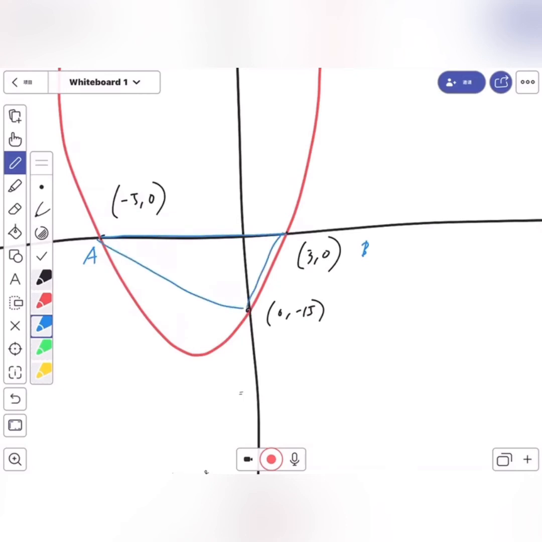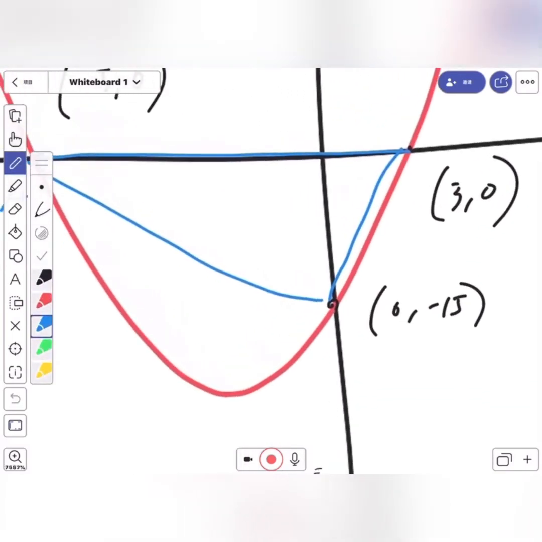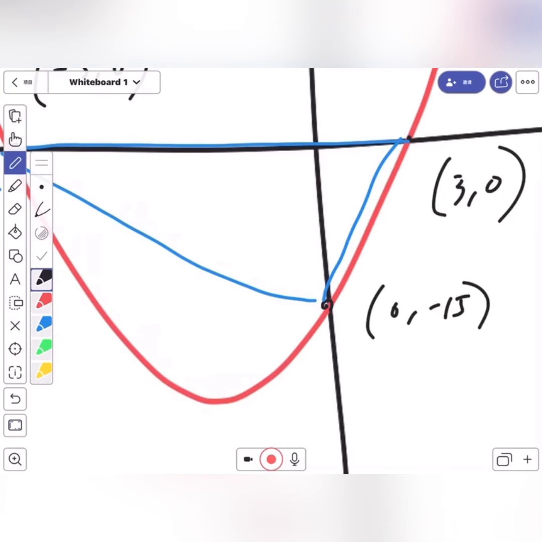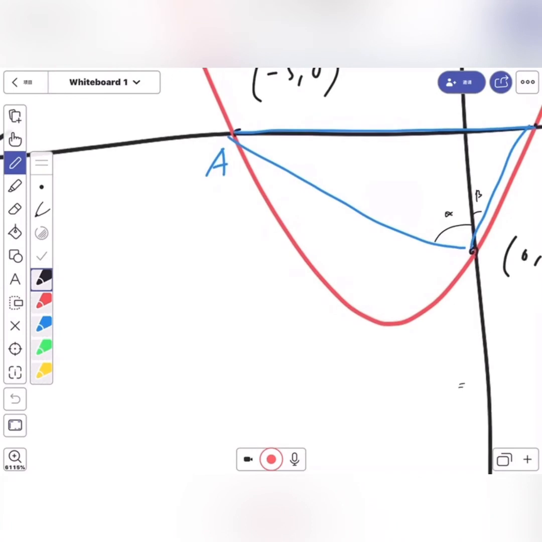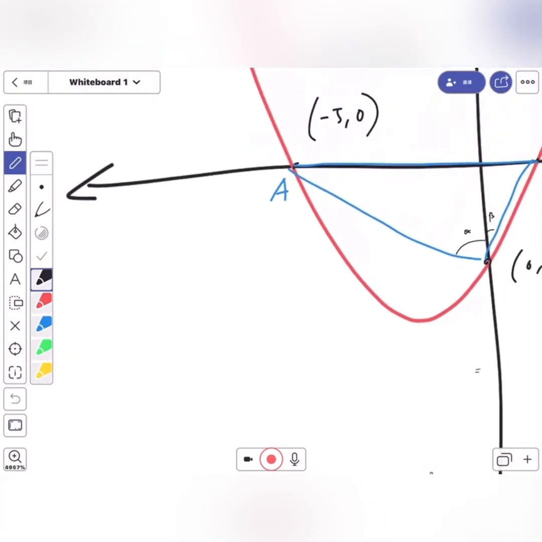So you might consider doing law of cosines, but a faster way would be setting this angle to alpha and this angle to beta. Now consider the angle addition formula, because angle ABC is just equal to angle alpha plus angle beta.